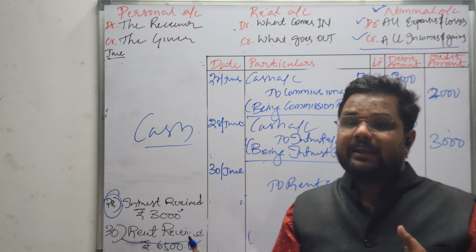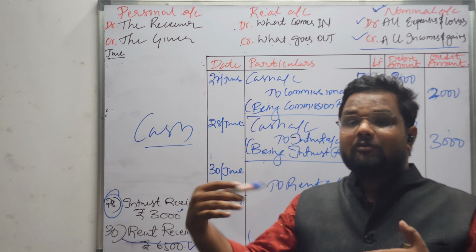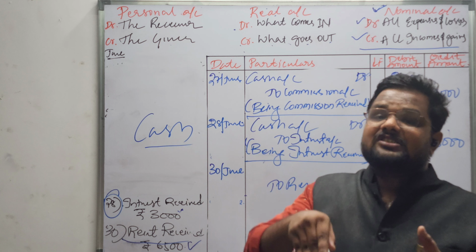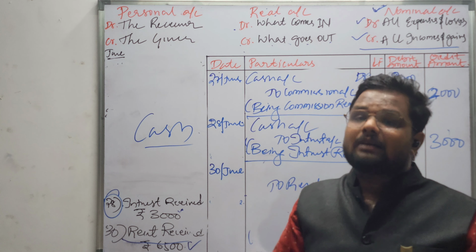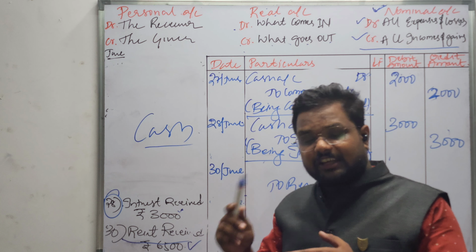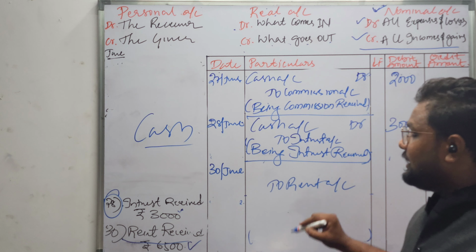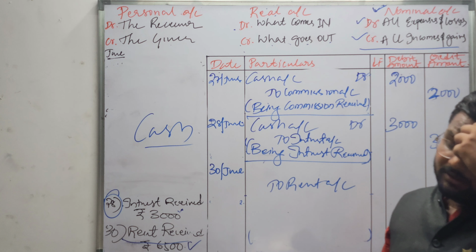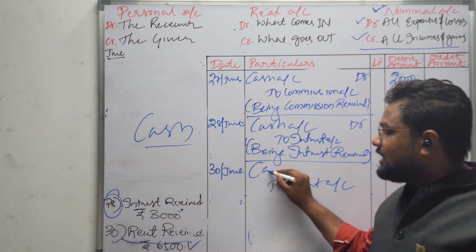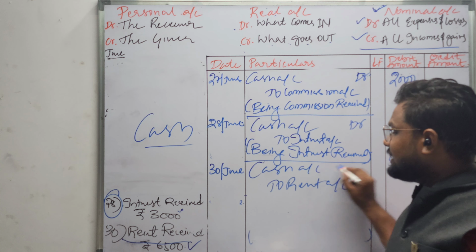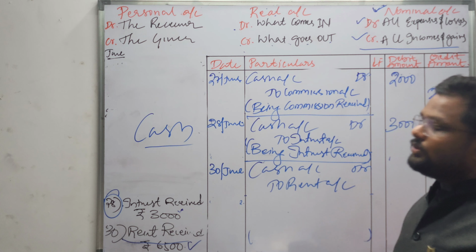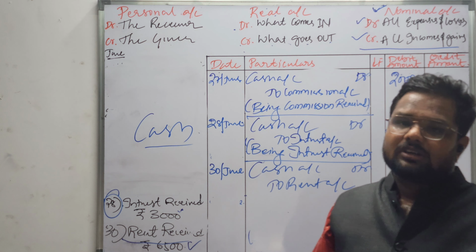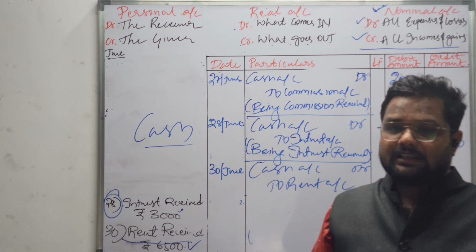So whenever you are paying anything, cash is going out. Whenever you are receiving anything, cash is coming in, in the case of incomes and expenses. So here it's an income for us, so I am receiving cash. Cash account debtor to rent account.